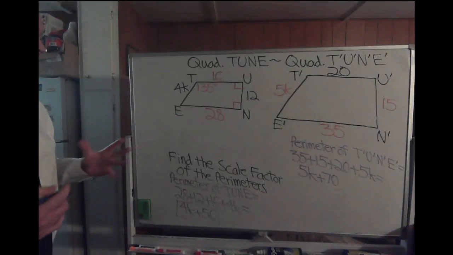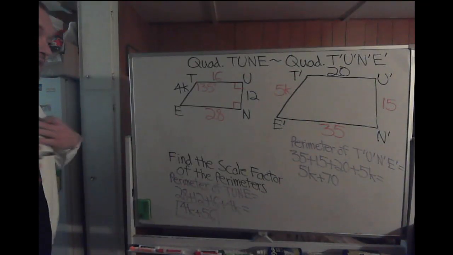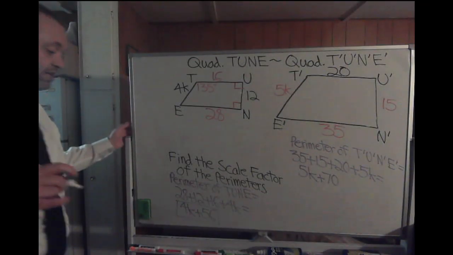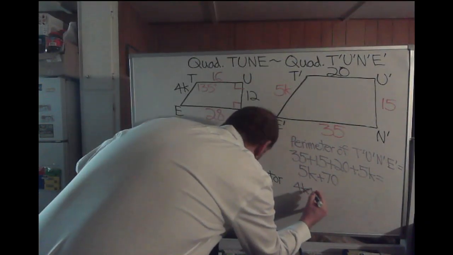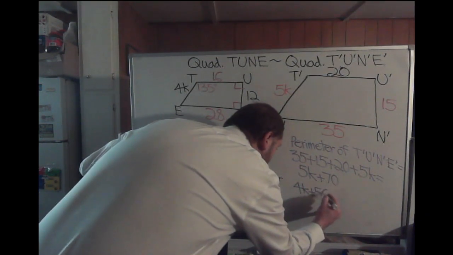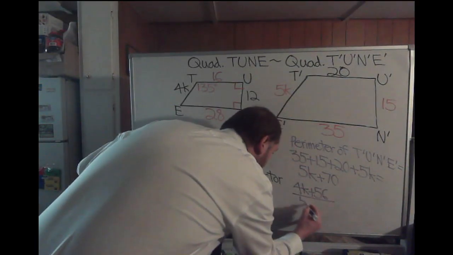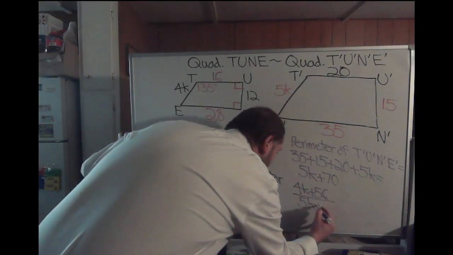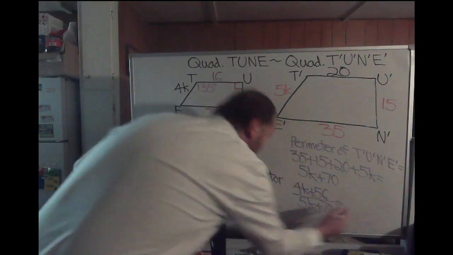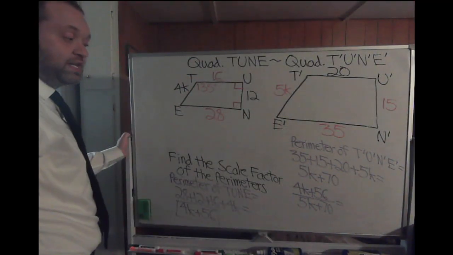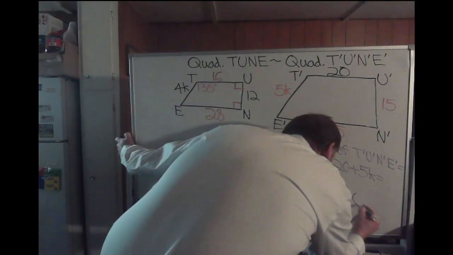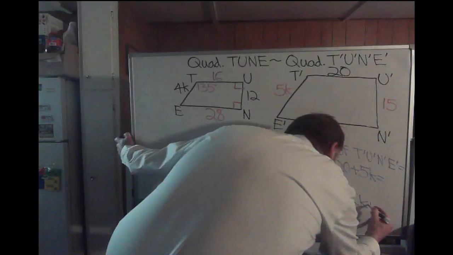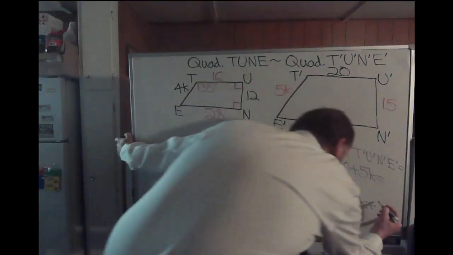So let's go ahead now and find the scale factor of the perimeters. You'll take the 4K plus 56 all over the 5K plus 70, which in each of these we can factor out. In the numerator, we can factor out a common 4, which would end up being 4 times the quantity of K plus 14.